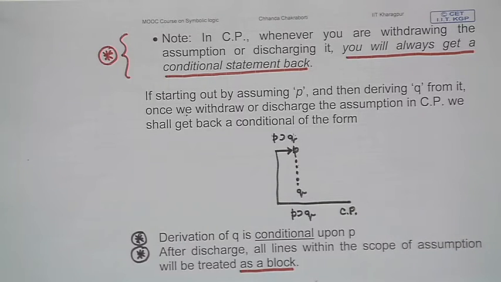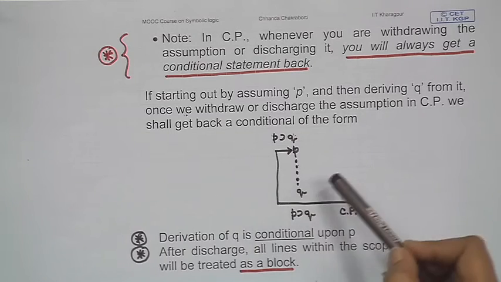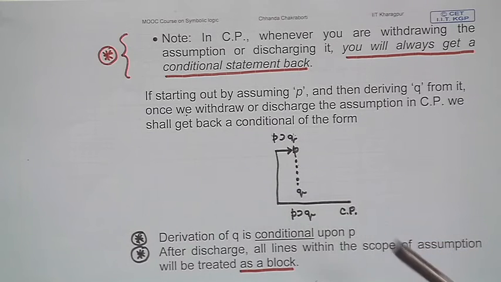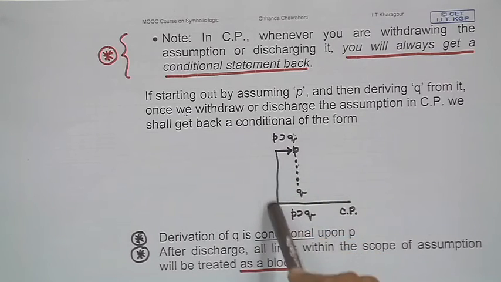It is treated as an assumption block. An assumption block will not be accessible individually, which means whatever lines are here, once you are outside of this block, you cannot access those, you cannot refer to that, you cannot use them in the proof anymore. Remember that. So, this is once and for all closed.